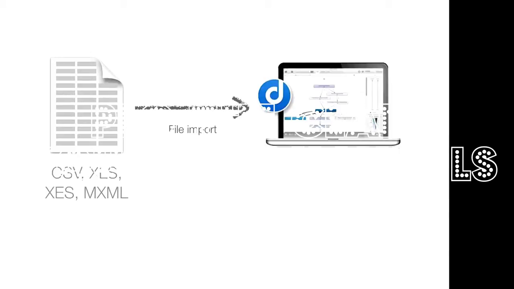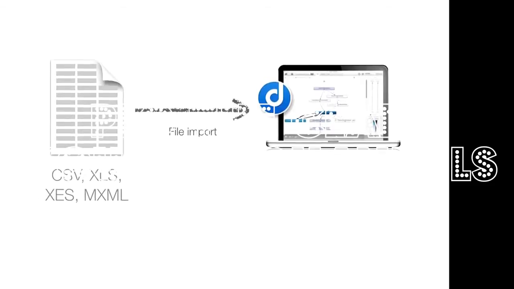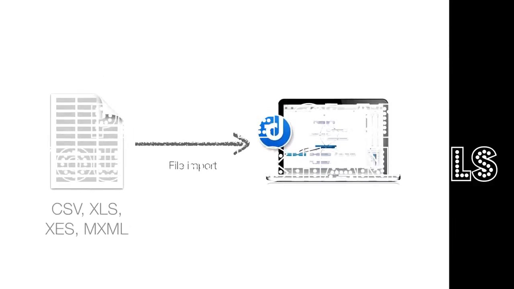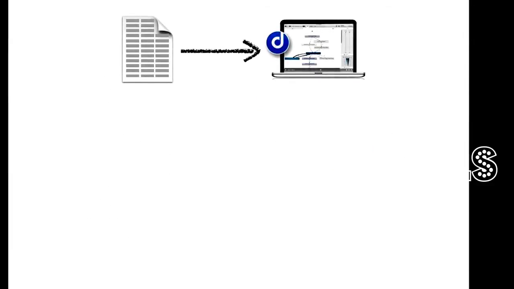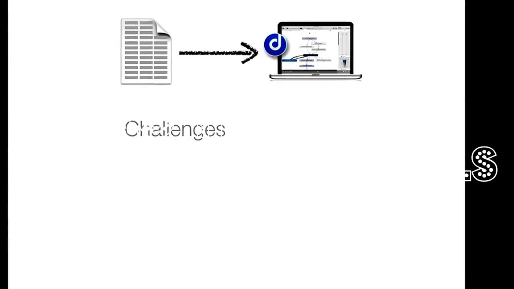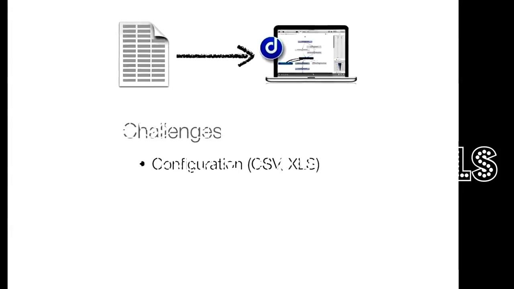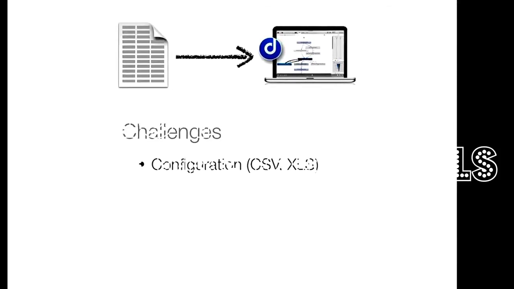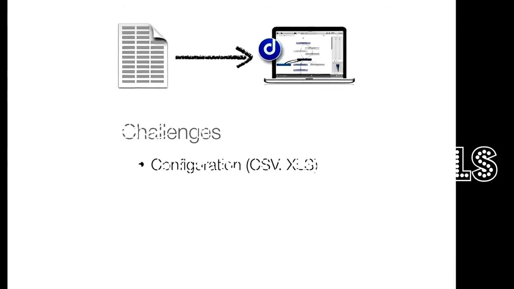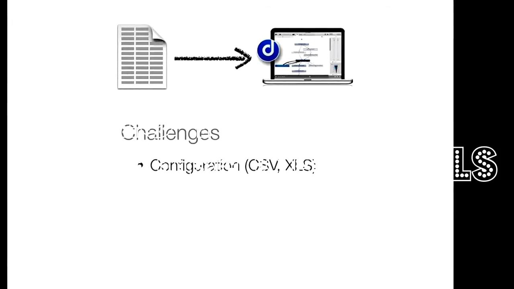But especially if we're talking about this more continuous use case where I'm repeatedly analyzing the same process again, or if I'm moving towards business users that may not even know that much about what process mining is about, there are a couple of challenges. If I'm talking about one of those business users who don't know anything about process mining, the import of the CSV can become a challenge, because to configure the file that you are importing, you need to assign a column as a case ID, you need to configure your activity name, your timestamp.